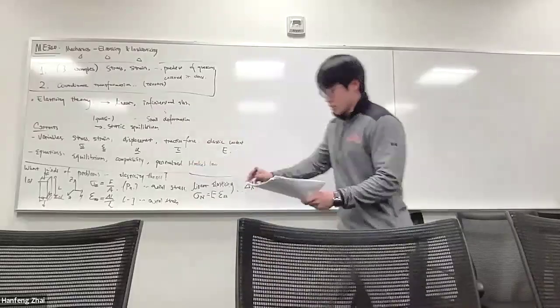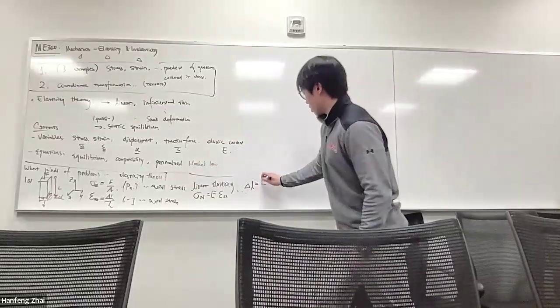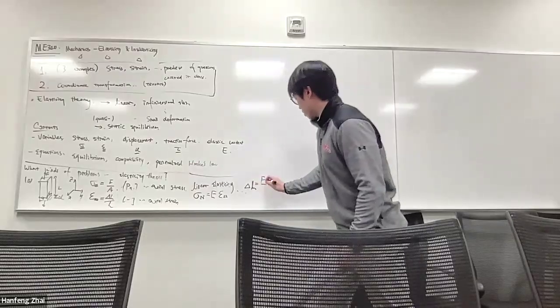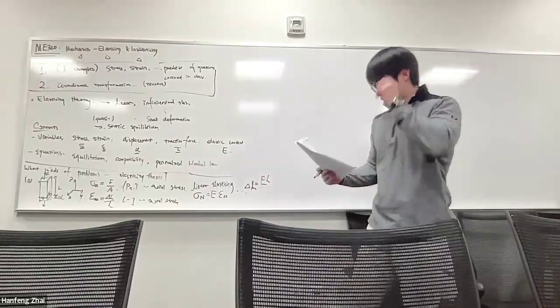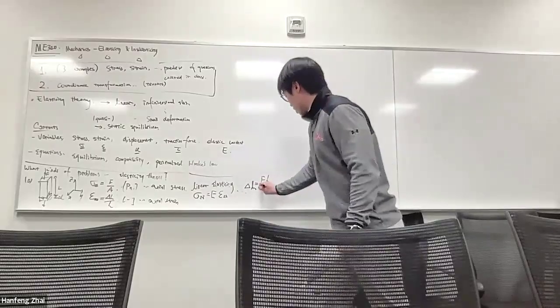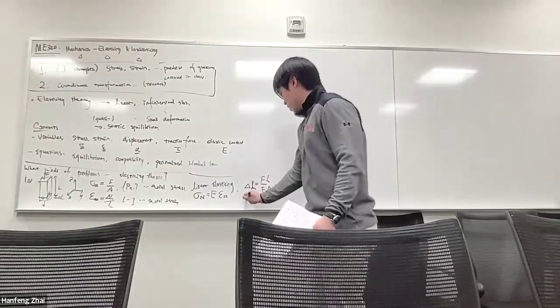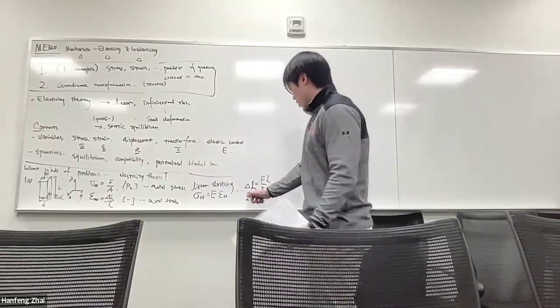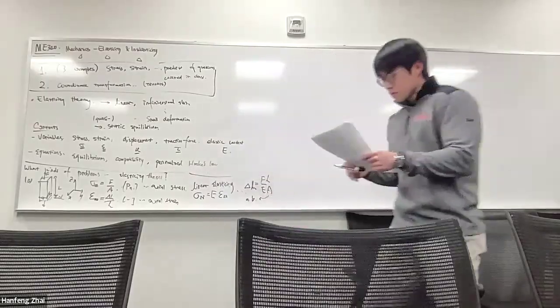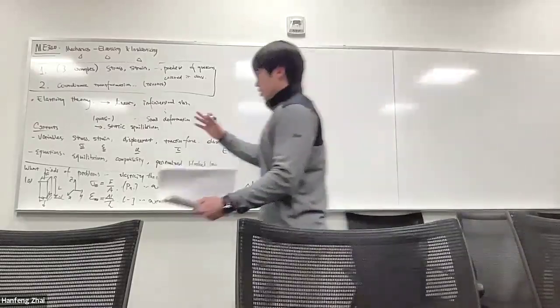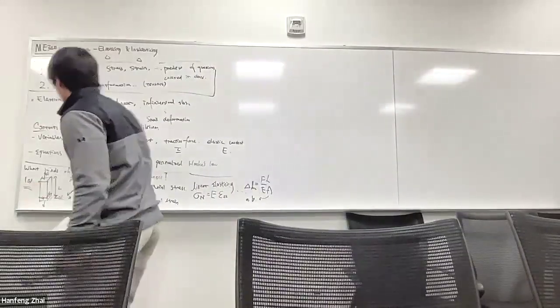Plugging in the equations, it's force times length L divided by Young's modulus times area. To be more precise, the area for the rectangular cross-section bar is A times B. Okay, so we call it case A.